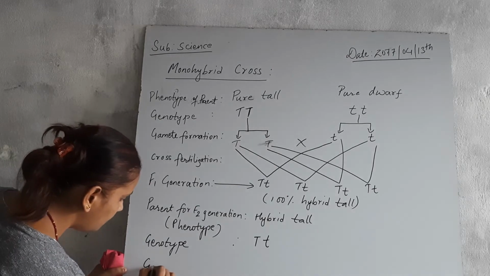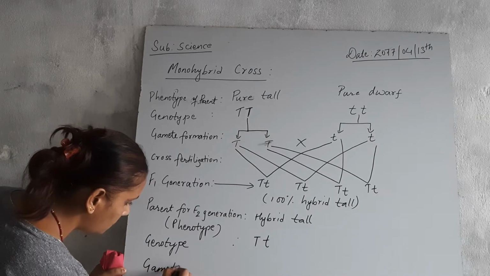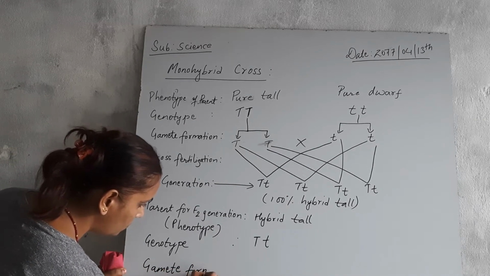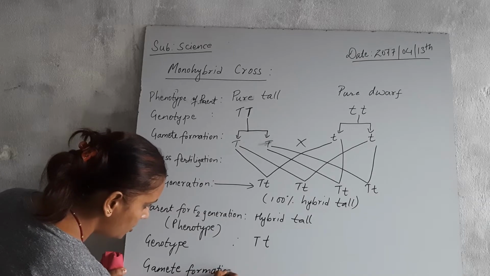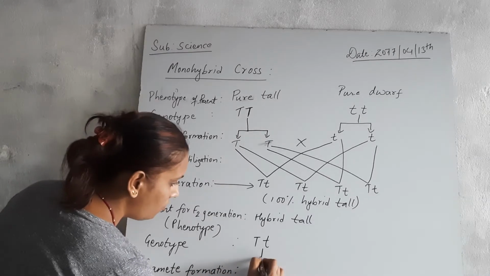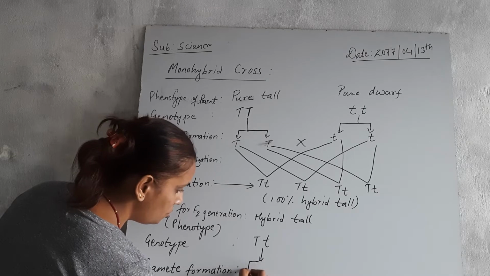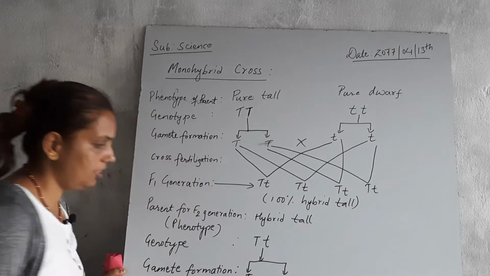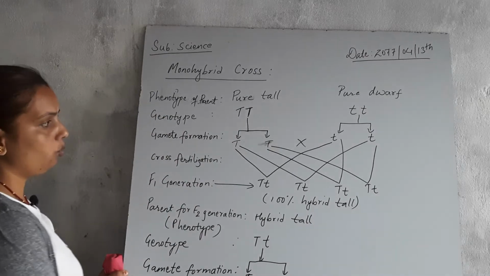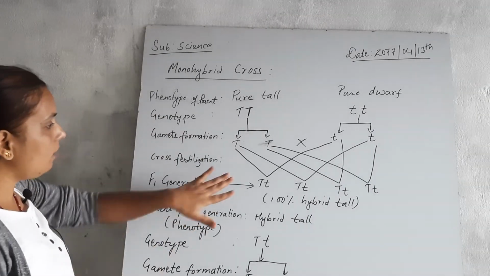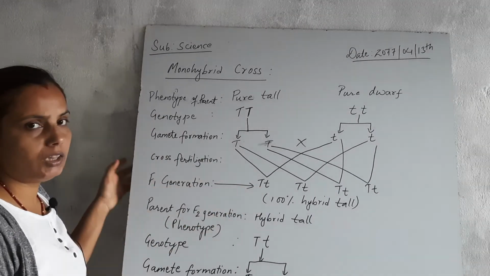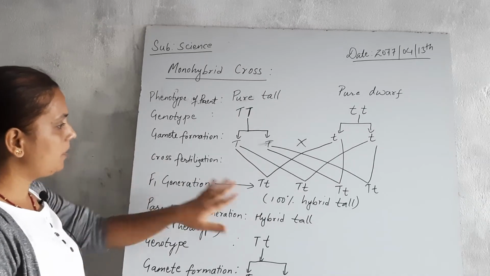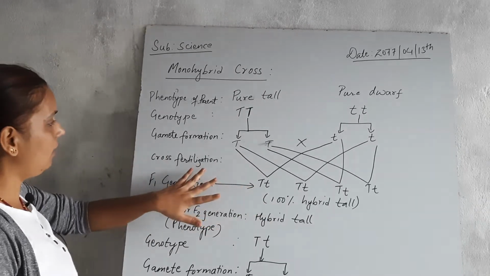Then gamete formation takes place. While forming the gametes, they form two different kinds of gametes, that is capital T and small t.